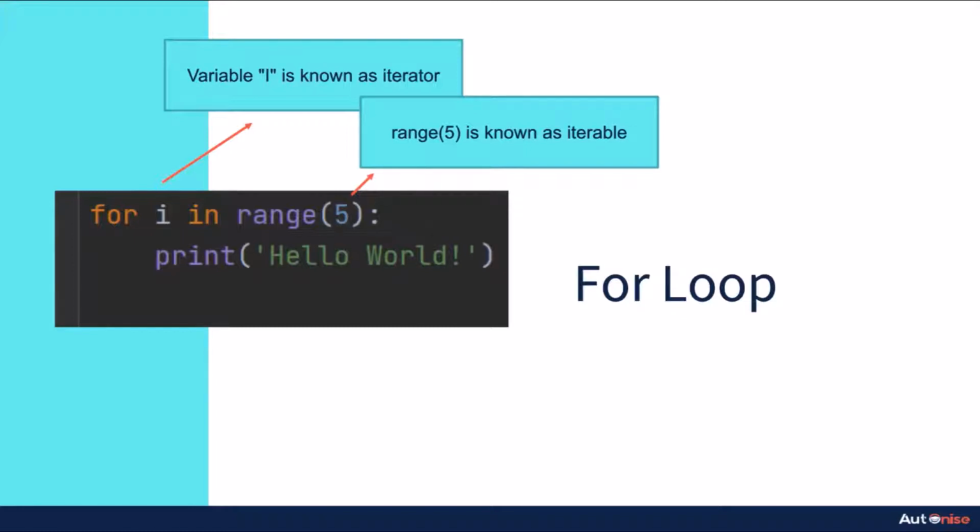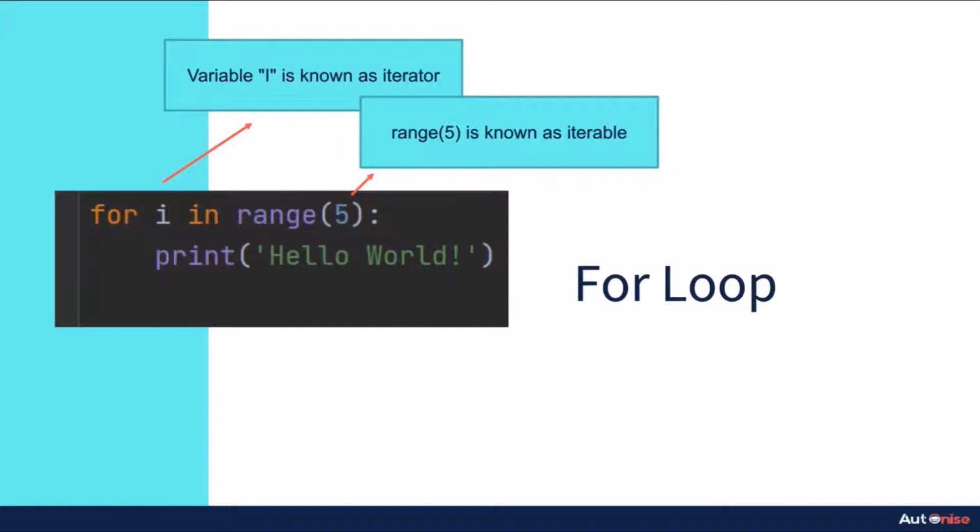So the range will make the value of i go from 0, then 1, then 2, then 3, then 4. The i value will start from 0, then when the loop body ends, the i value will get updated and it will be 1, then 2, then 3, then 4.